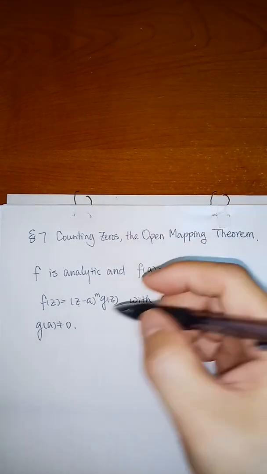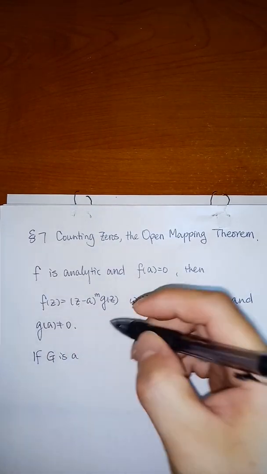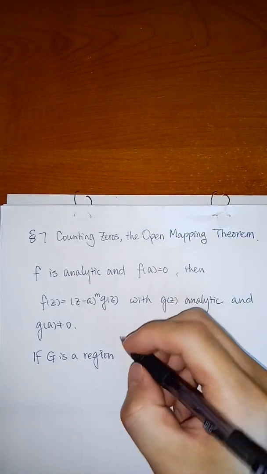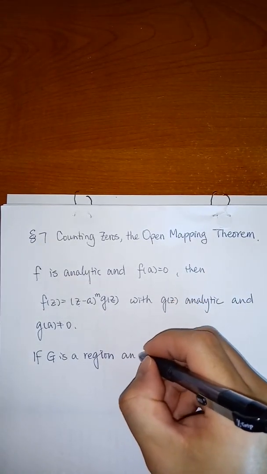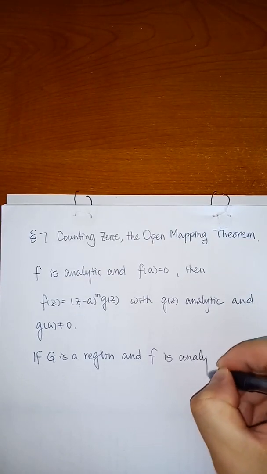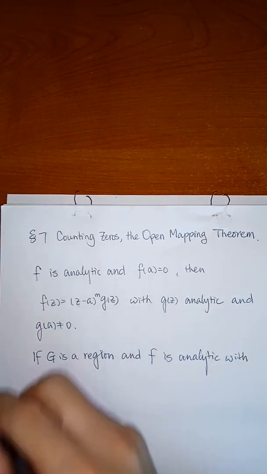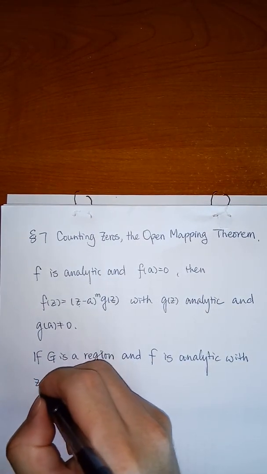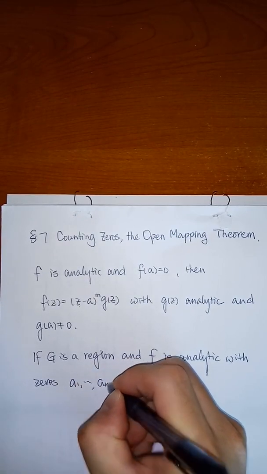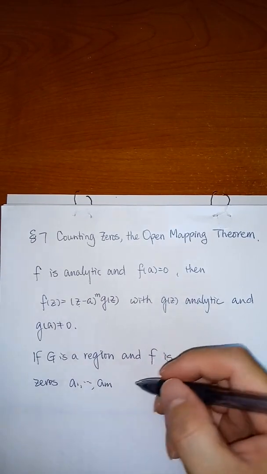Okay, and if G is a region, open and connected, and f is analytic with zeros a1, ..., am, possibly with multiplicity.